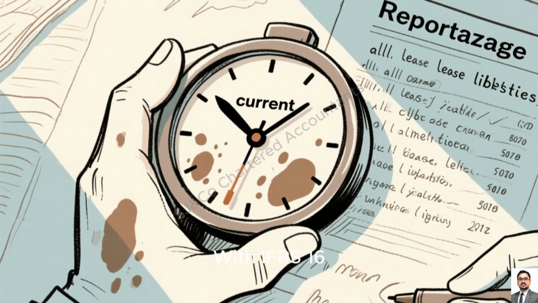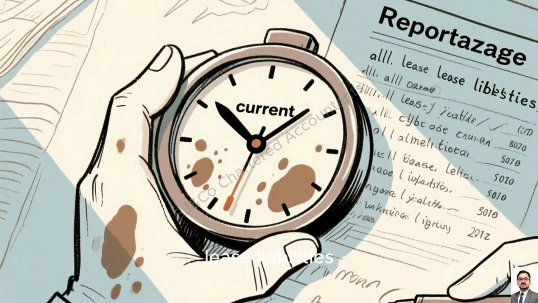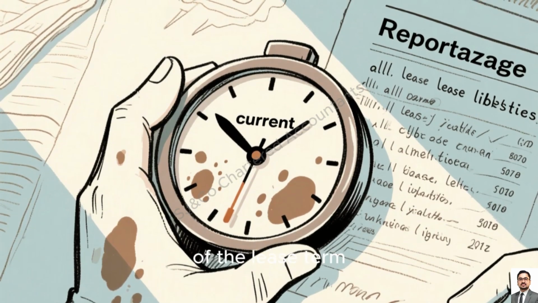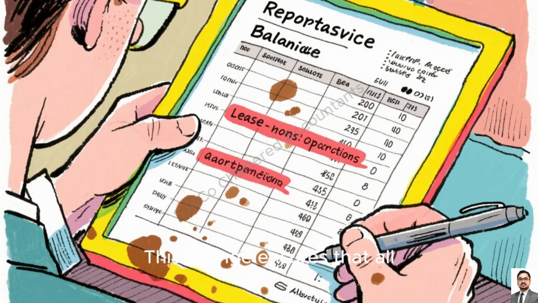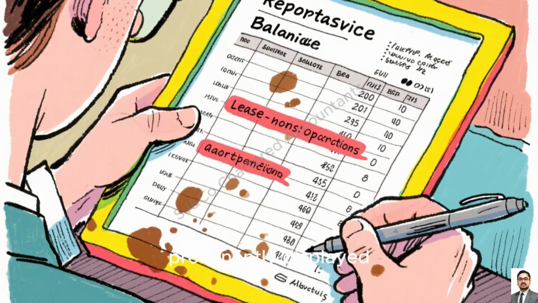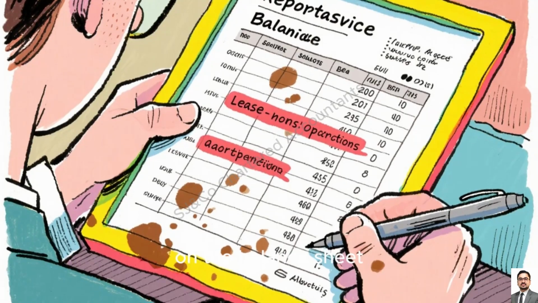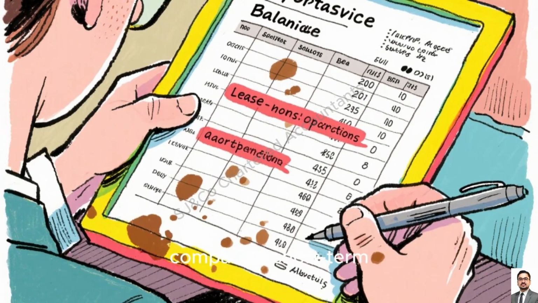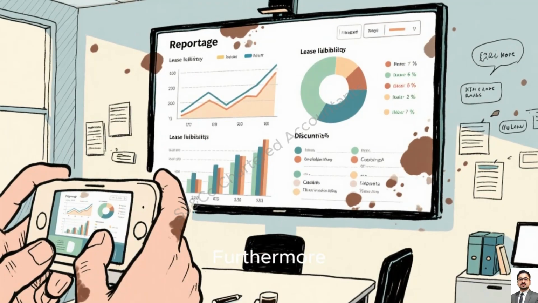With IFRS 16, lease liabilities are always presented as current liabilities regardless of the lease term. This change ensures that all lease-related obligations are more prominently displayed on the balance sheet, making it easier for users to assess a company's short-term financing needs.